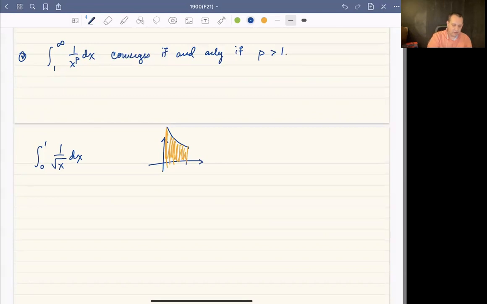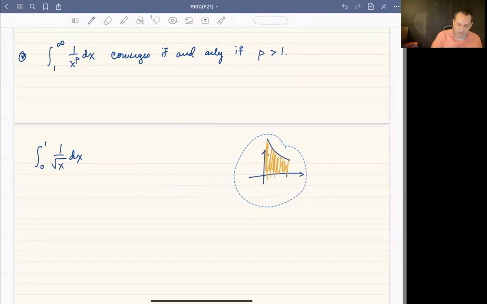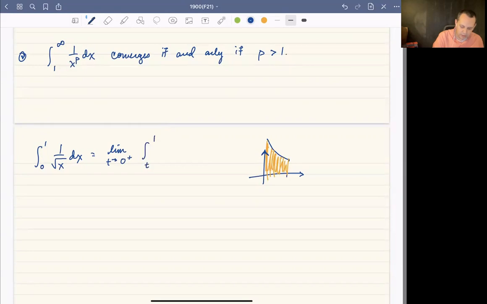So this is another one. And this is actually an integral that if you didn't know this was an improper integral, you could do this the wrong way and get the right answer, which just happens sometimes. So that's kind of nice, actually, if we do it the wrong way and get the right answer. But what would happen here is we're going to think about this as the limit of t going to 0 from the right of the integral from t to 1.